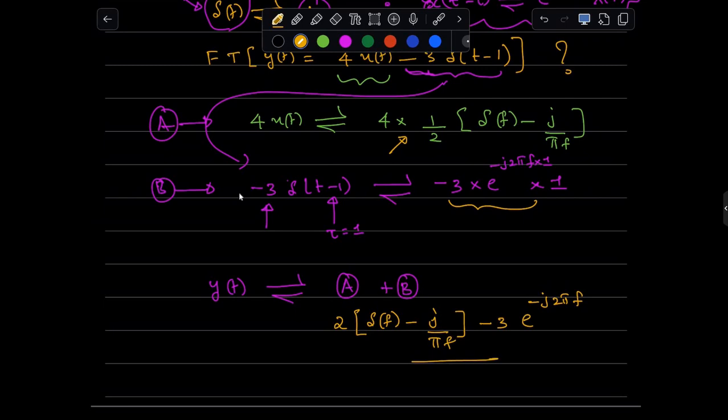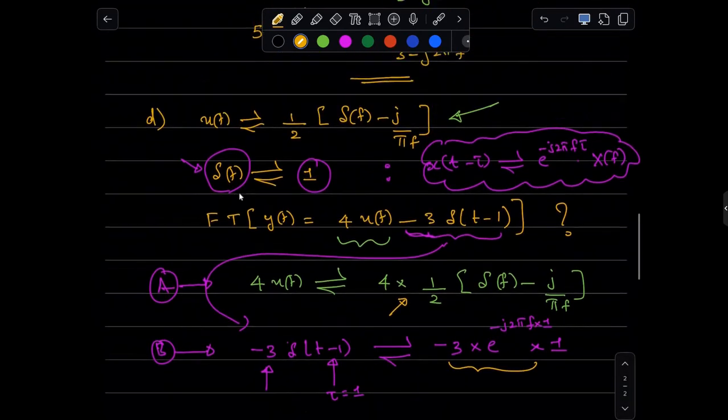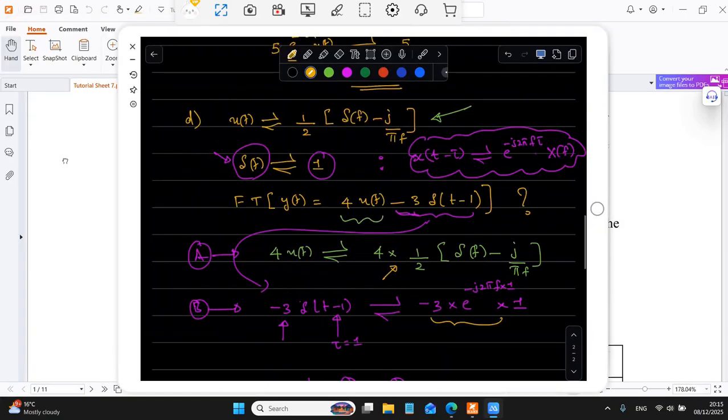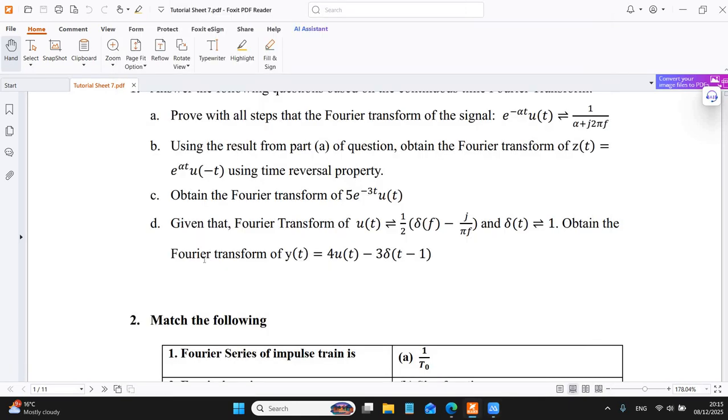This is the Fourier transform of y of t, so we can say that this is our y of f. So we got the answer. Part D we have solved now. So that's question number 1.